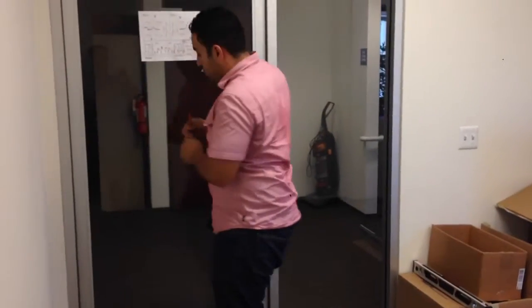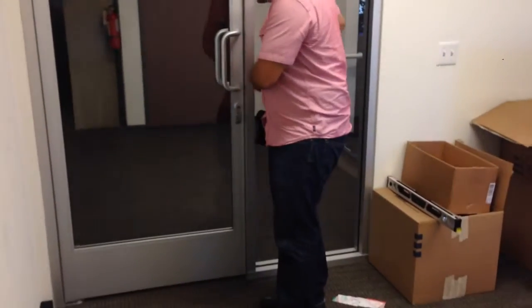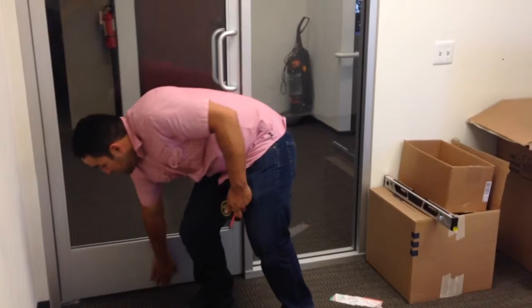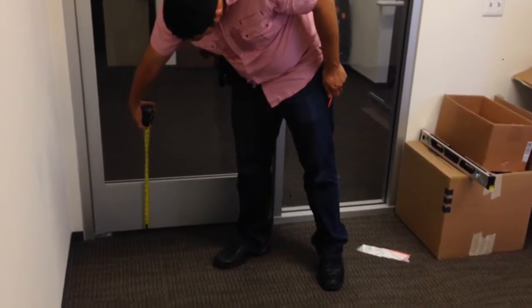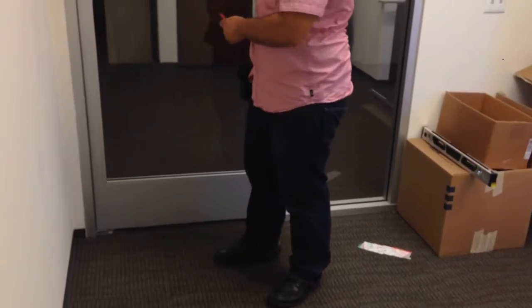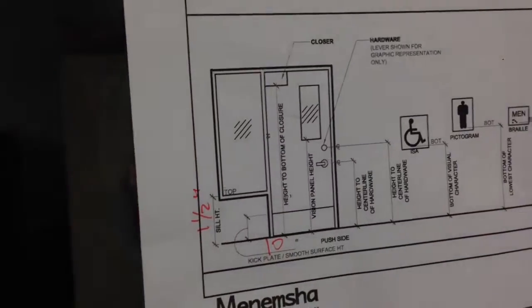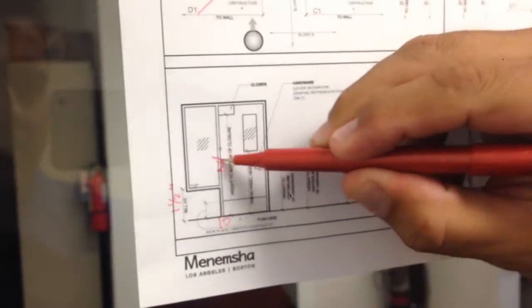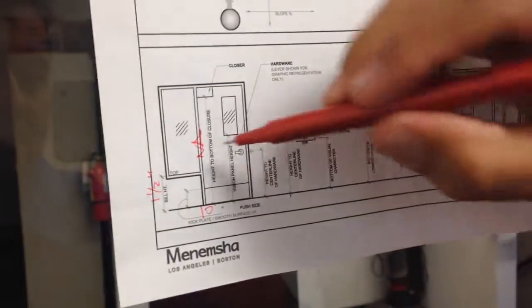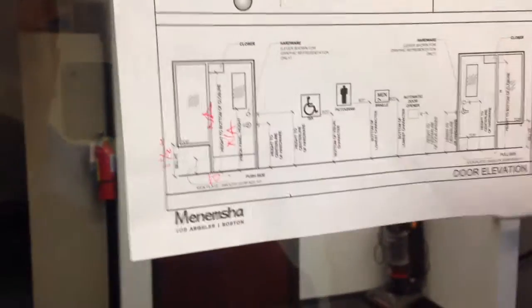We're going to measure the kick plate or the continuous smooth surface. The next information that we're looking for is the closer height. This does not have a closer that we're going to be measuring, so we can just put NA. Vision panel, there's no vision panel, so we can put NA.